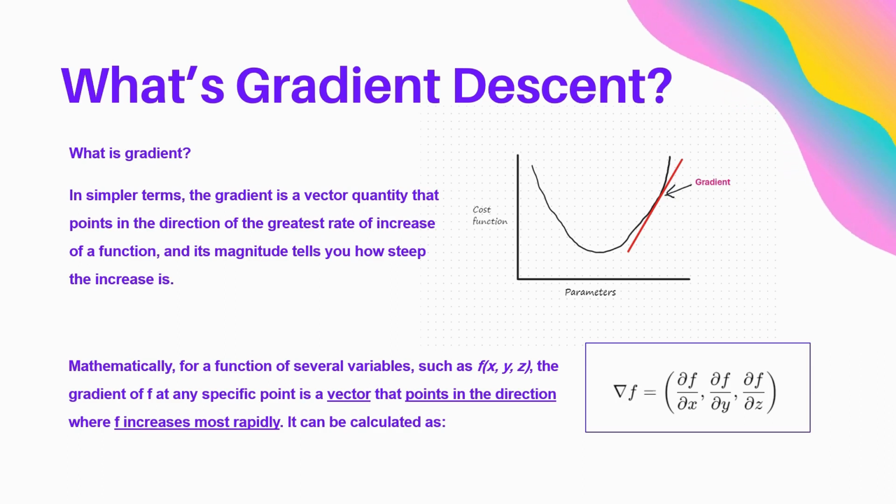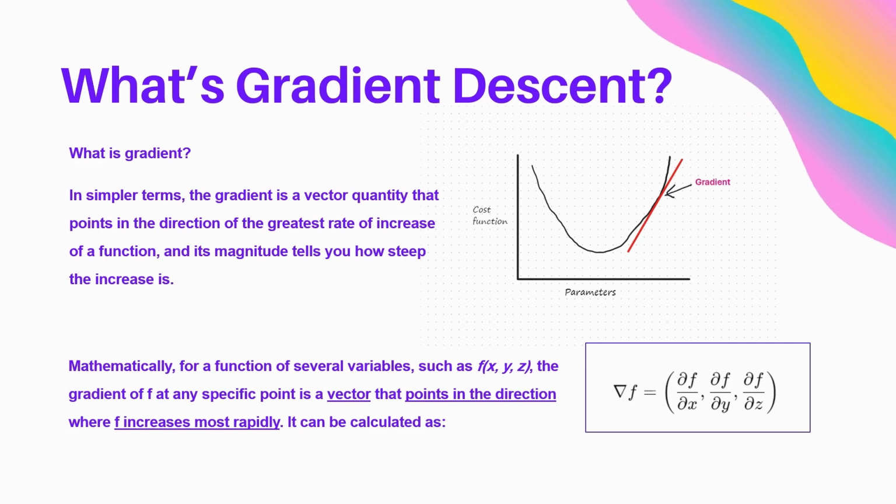If we have a function with three different variables x, y, z, the gradient will have the rate of change or steepest increase for all these three variables, and the way to calculate it is to take the partial derivatives of the function with respect to these three variables. So that's what it is about gradient.